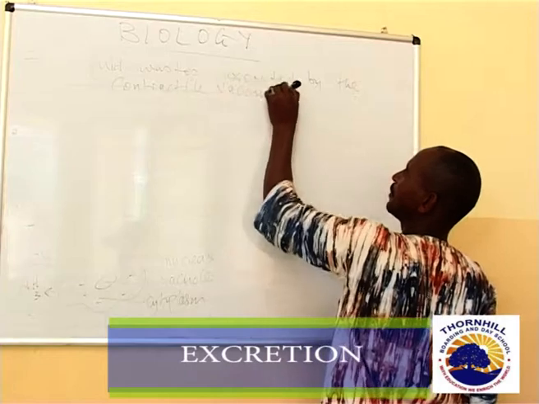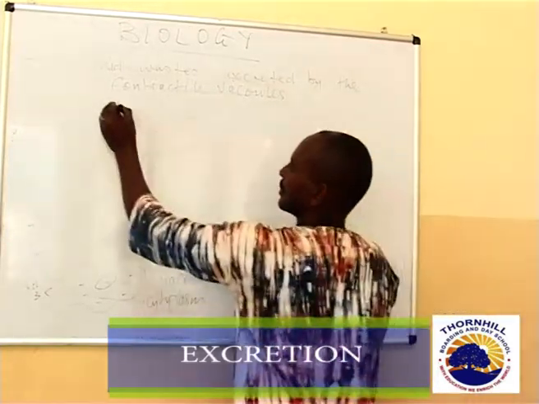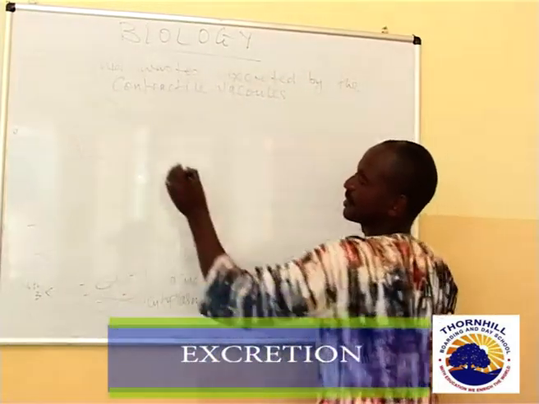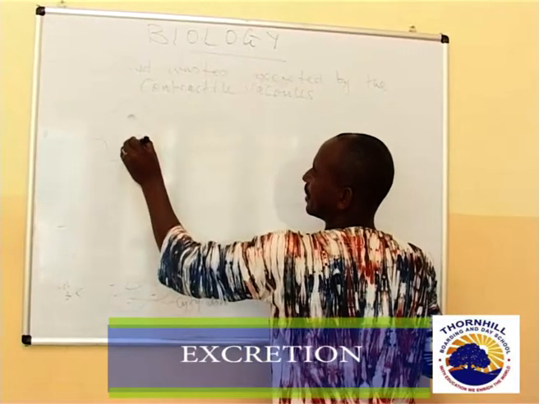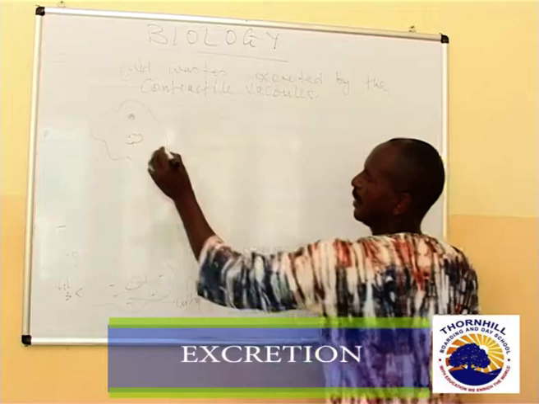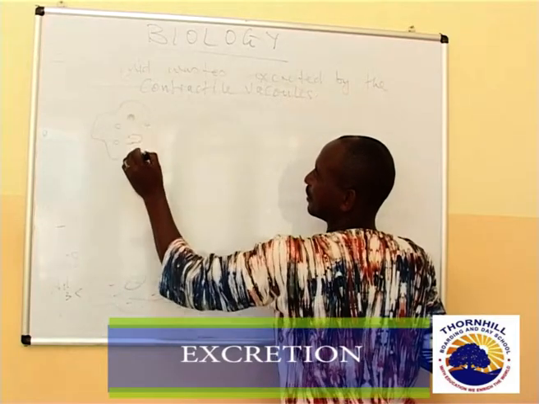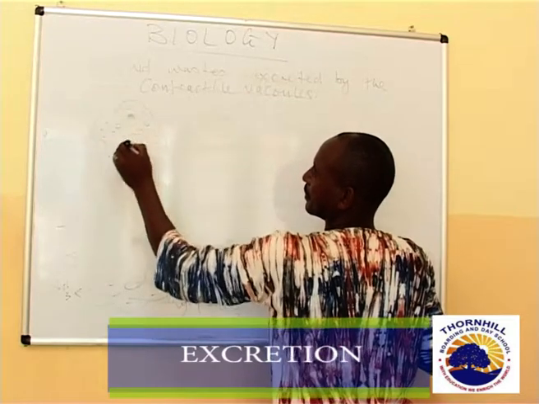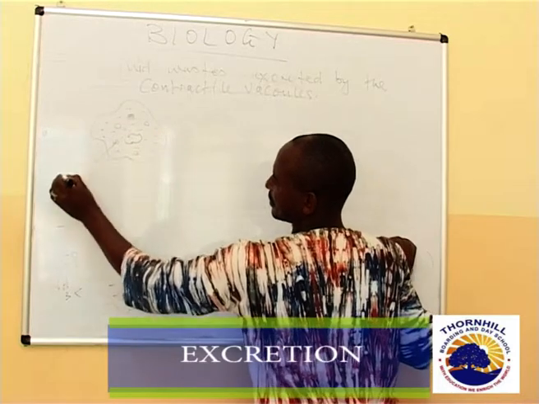The amoeba develops other small vacuoles. If this is the amoeba cell or the animal cell, and this is our major vacuole, there are other small contractile vacuoles which begin to develop. So these are the contractile vacuoles.